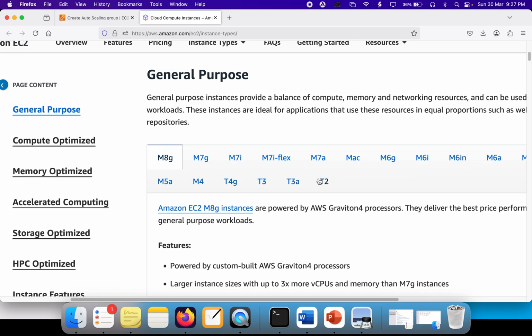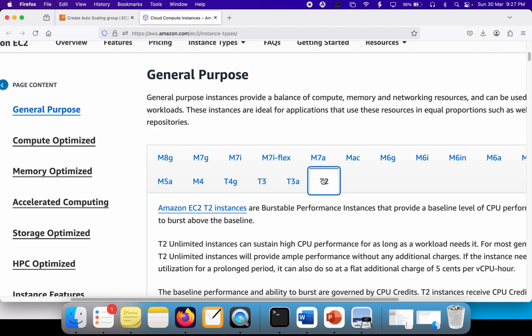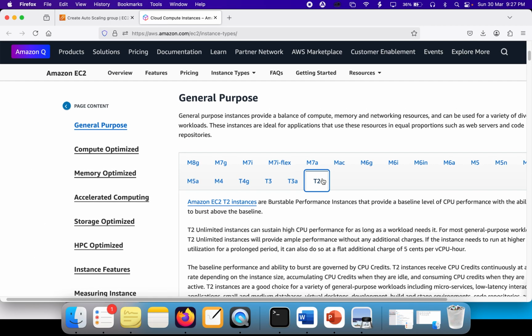T2 is a common EC2 instance type that is being used in most of the places, right? T2.micro is the default free tier image, and there are T3.medium, T2.micro and nano instances. These are all very small instances, right? So that is what is called general purpose.